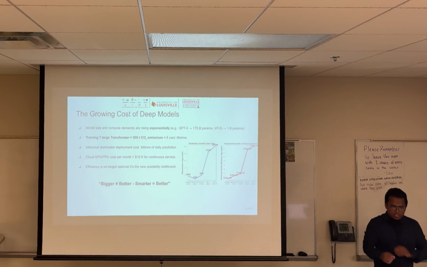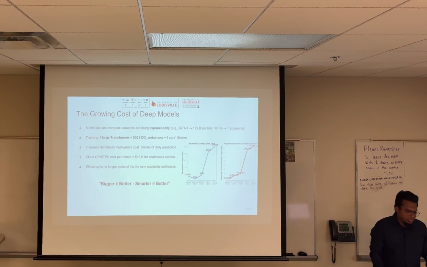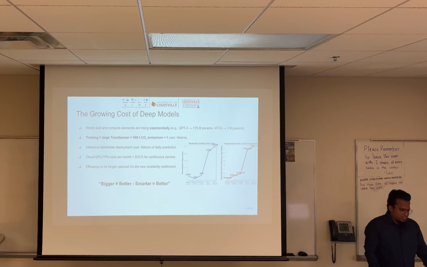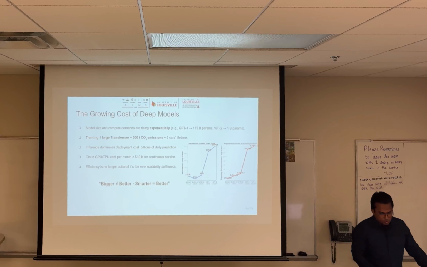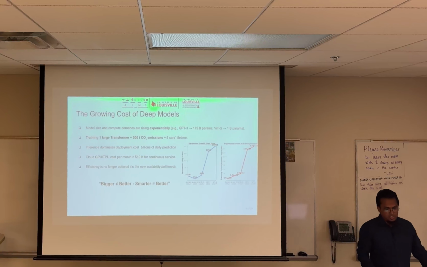Now let's quantify this growth. As you know, GPT-3 and GPT-4 have billions of parameters. Specifically, GPT-3 has 175 billion parameters, and GPT-4 is reported to have around one terabyte of parameters, or roughly 100 gigs. These are really extensive and large models. Training one of these large transformers can emit around 500 tons of carbon dioxide, which is like the lifetime emissions of five cars.